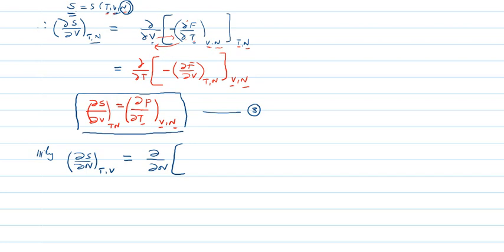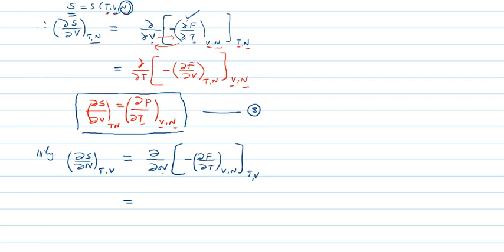Here we have already done it. S is equal to minus dou F by dou T with respect to V and N. For dou by dou N our variables were T and V, which I'm keeping outside. Now you just invert it as we have been doing.